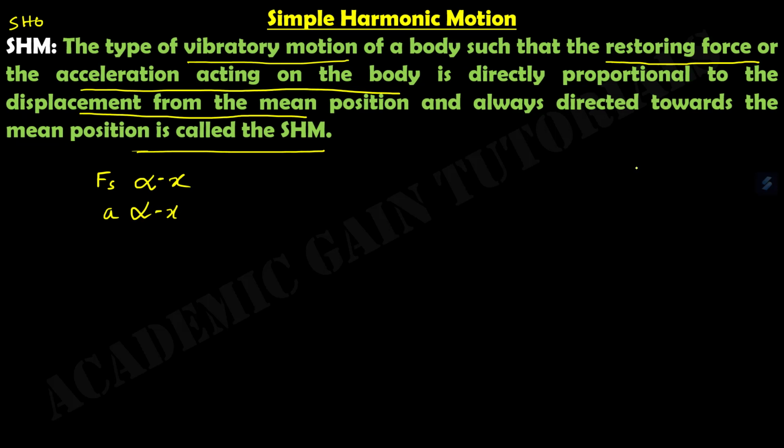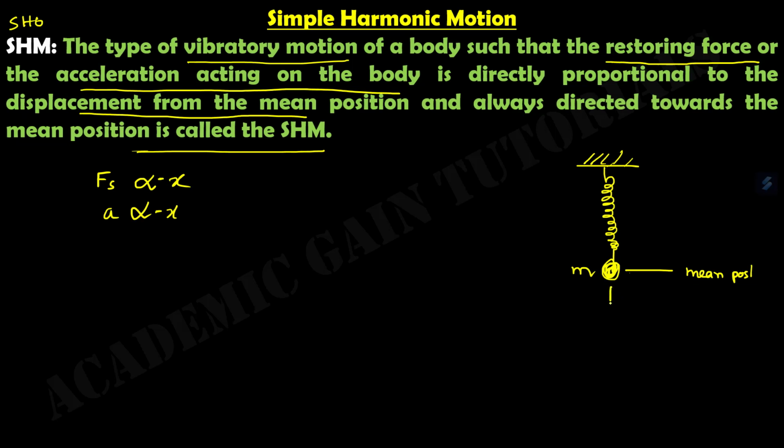Now let us take an example of a spring, then you will understand why we use this minus sign. Suppose this is our X and we attach an object of mass M to that spring. This is our mean position, or we can say this is the unstretched position.